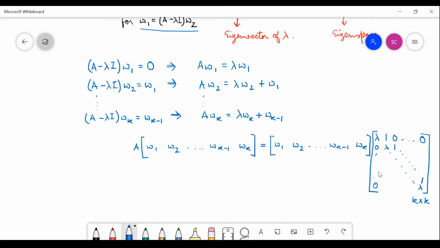Okay. So you see that this part, the RHS, can be written in this manner.